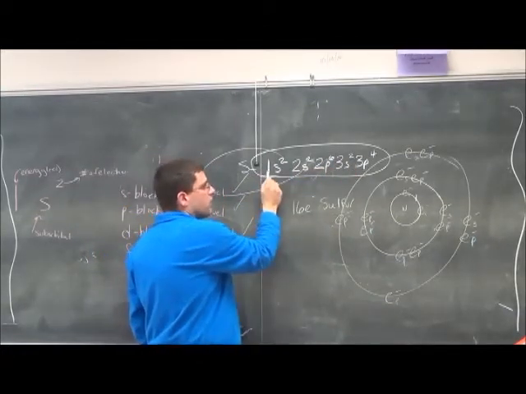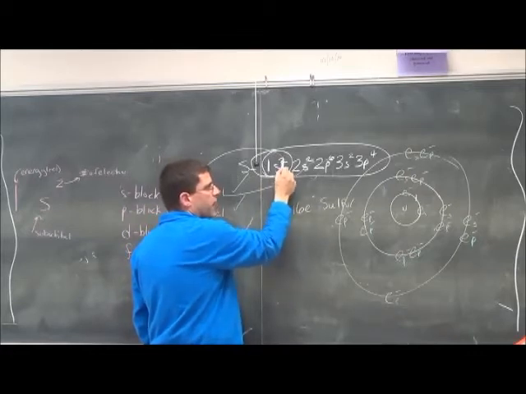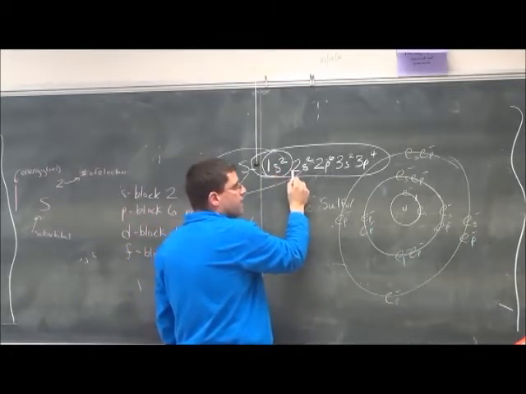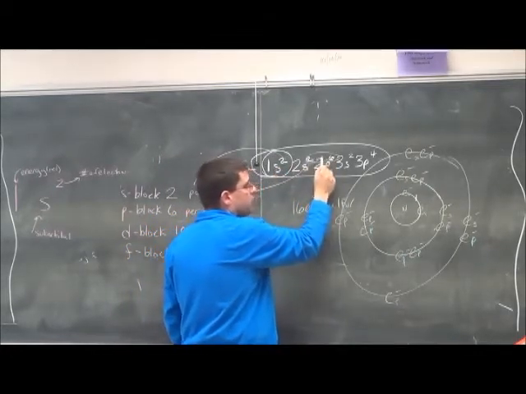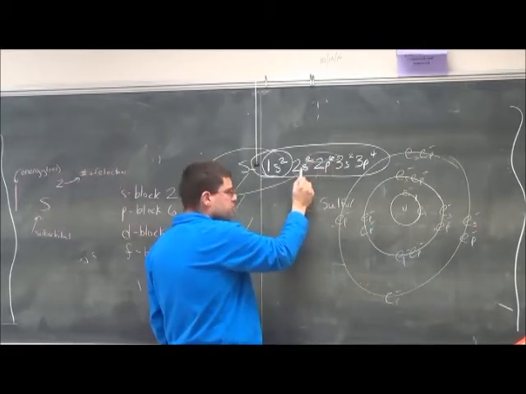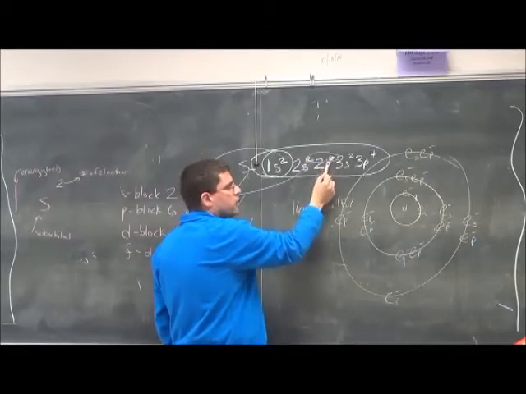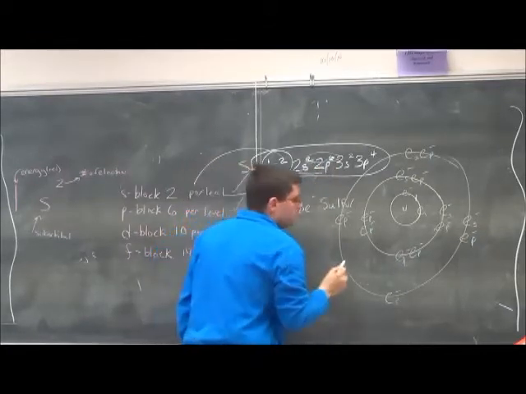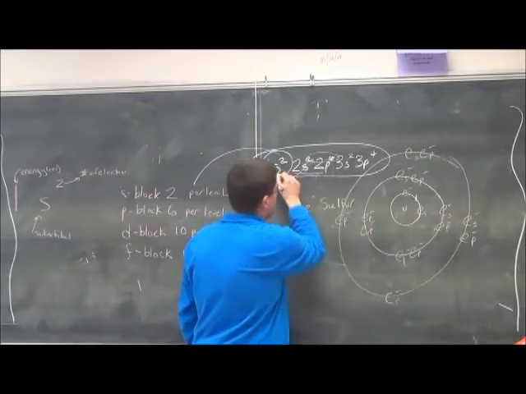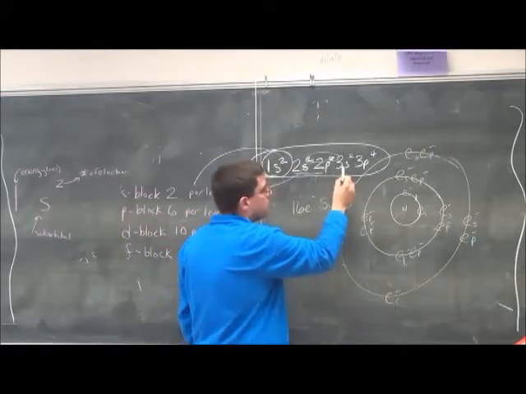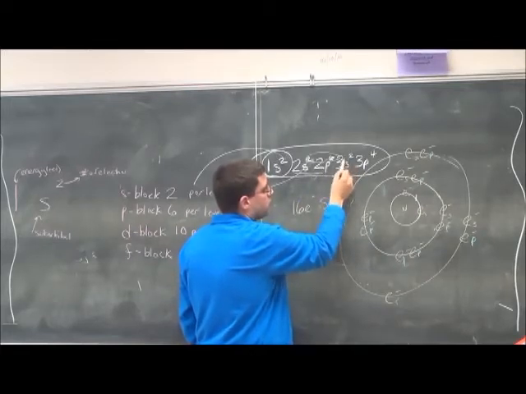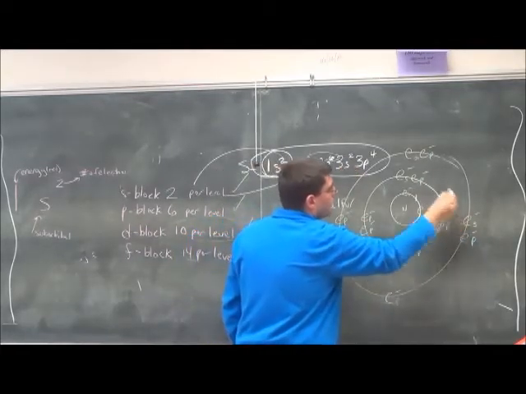So on the first level, I've got 2 in the S suborbital. The second level, I've got 8. 2 plus 6 is 8: 2 in the S subshell, 6 in the P suborbital, for a total of 8 on the second level. Now on the third level, the S block starts with 2.